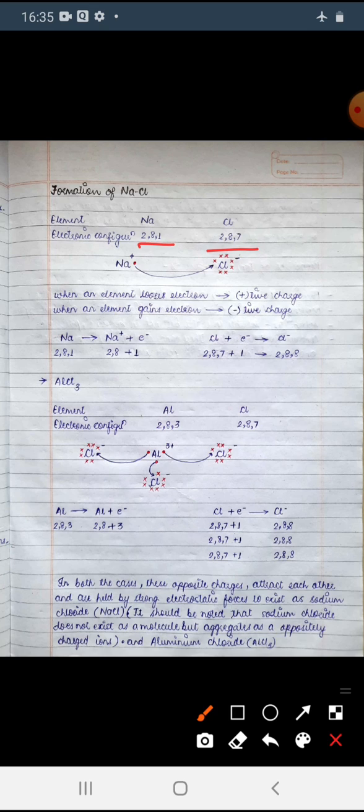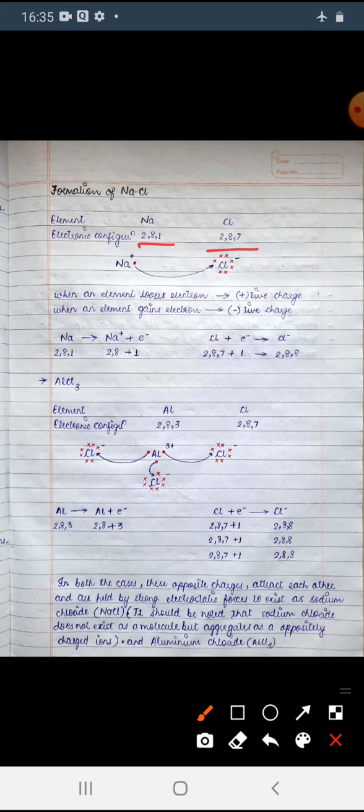When an element loses an electron, it will gain a positive charge, while when an element gains an electron, it will gain a negative charge. Or you may say a metal always loses its electrons and gains a positive charge, while a non-metal will always gain electrons. It will borrow the electrons from the metal, so it will always gain a negative charge.